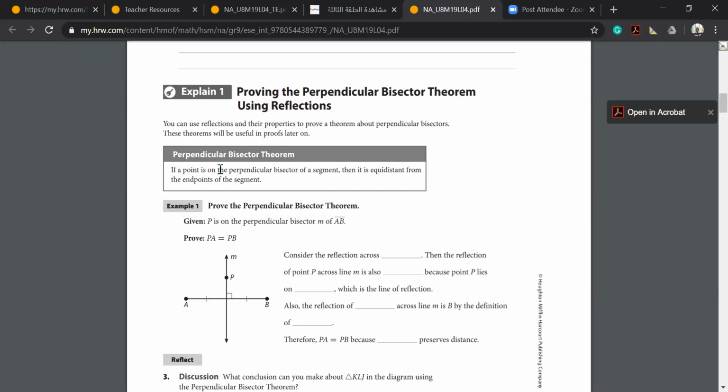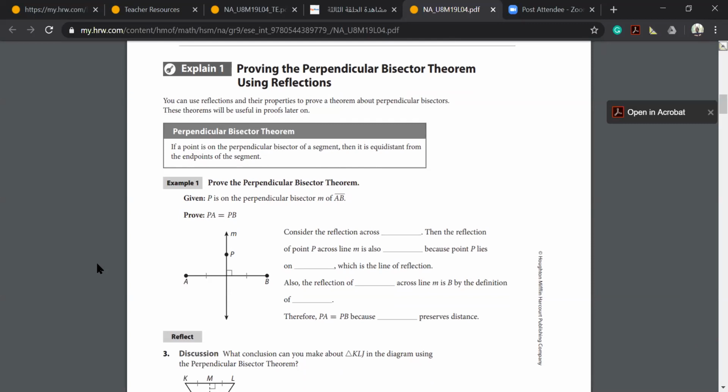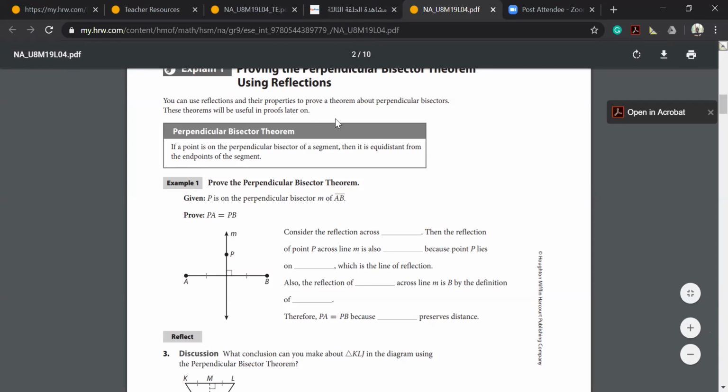If a point is on the perpendicular bisector of a segment, like this point P in here, it's on M, which is a perpendicular bisector of AB, then it is equidistant from the endpoints of the segment. What does this mean?